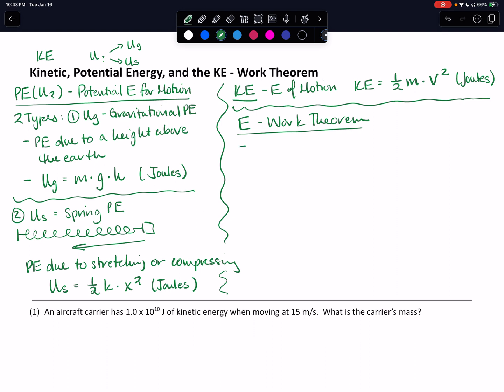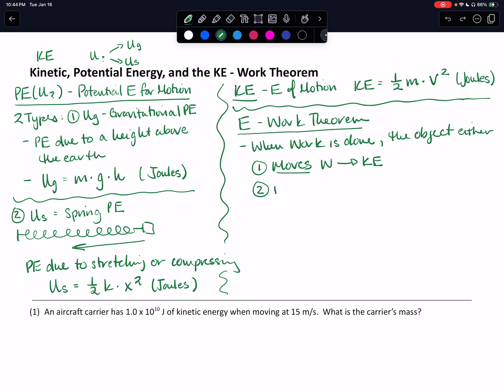All right, but basically what we say is when work is done, the object either moves, and if that happens, the work has been converted into kinetic energy, or stops moving.